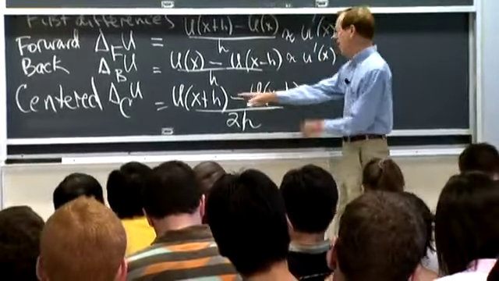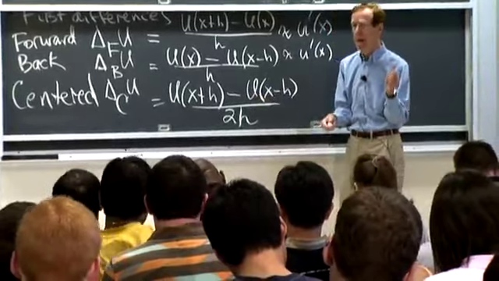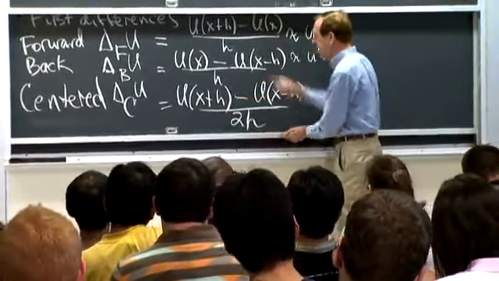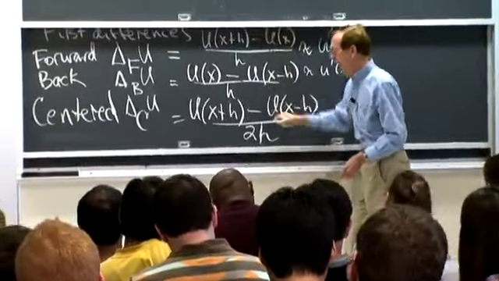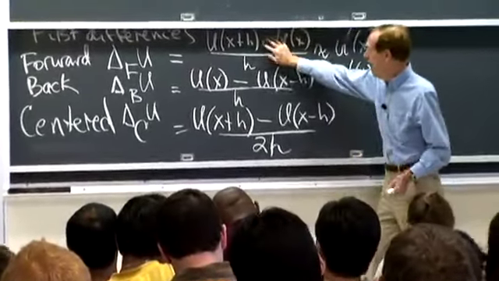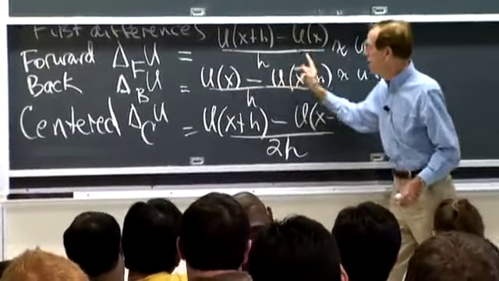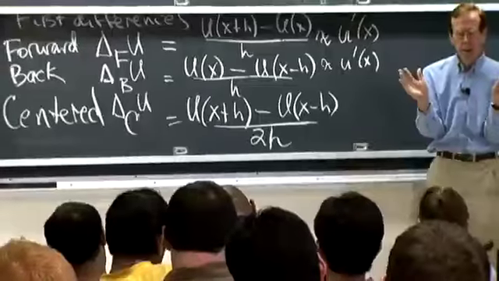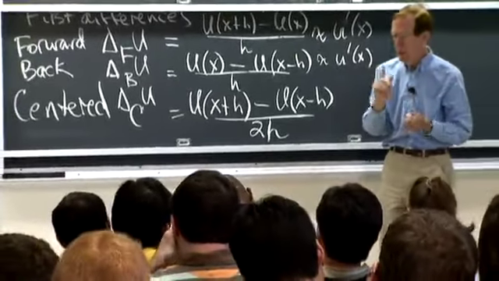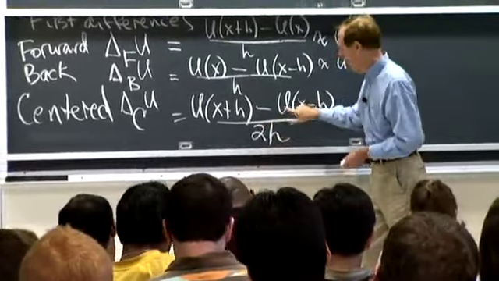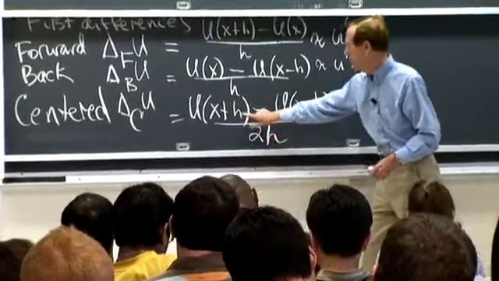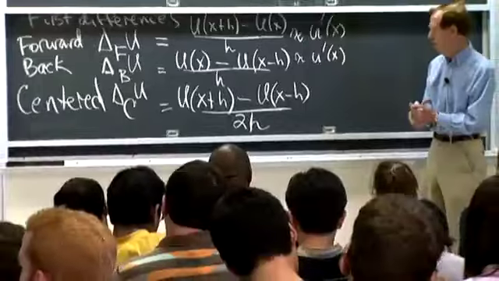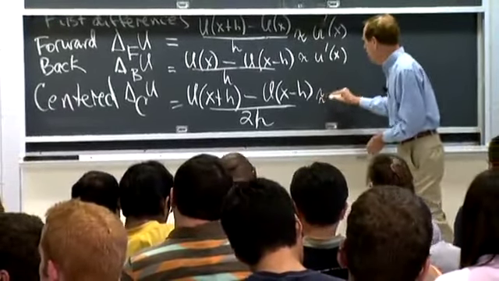And now here's one that actually is really important, a center difference. It's the average of the forward and back. If I take that plus that, the u of x's cancel, and I'm centering it. This idea of centering is a good thing, actually. And of course, I have to divide by 2h, because the step is now 2 delta x's. So that again is going to represent u prime.